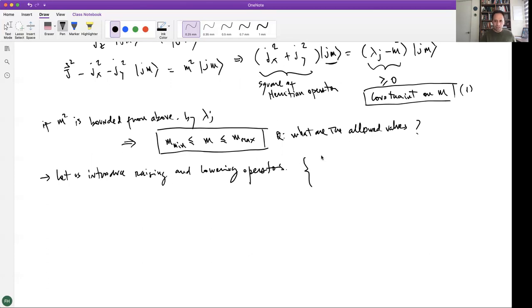These are denoted conveniently by J plus. We're going to define them as J+ = Jx plus i Jy. Sorry, this is Jx. And J minus is equal to Jx minus i Jy.